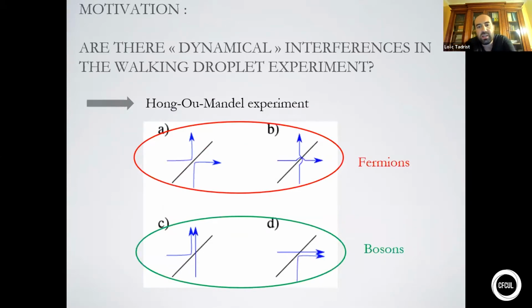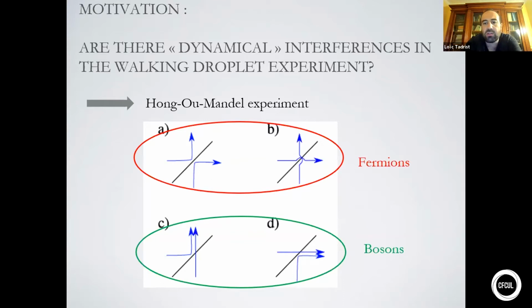And there is an experiment in quantum mechanics that would make it. This is the Hong-Ou-Mandel experiment, when two quantum particles are sent onto a beam splitter, and if they are fermions, they just behave trying to avoid themselves.